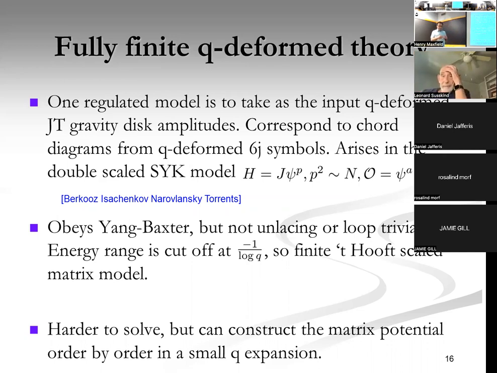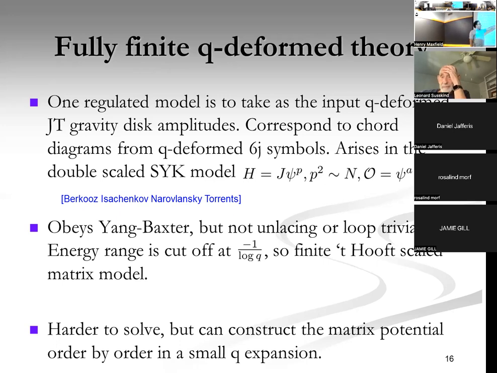How would you try to regularize the integral over energies? Well, there are many ways of doing that. One thing which is interesting to study in its own right is this so-called Q-deformed JT gravity, which is really a set of rules for computing the disk amplitudes, where you replace the 6J symbol by the Q-deformed 6J symbol. And it came up in the double scaled SYK model.